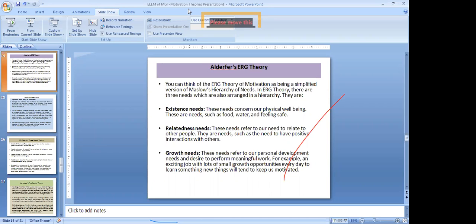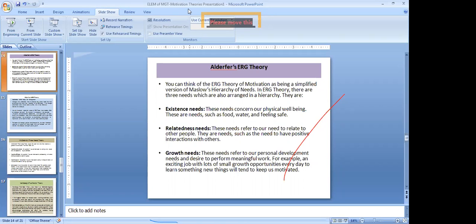So we can safely say that this is where Alderfer's theory and Maslow's theory merge or have something in common.